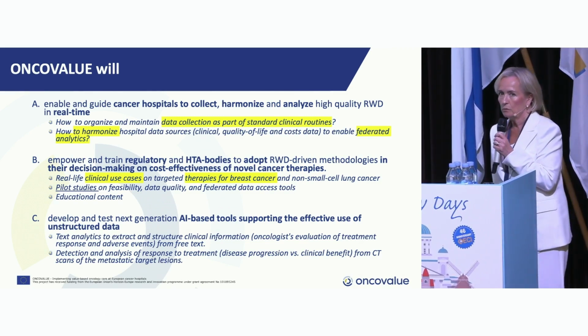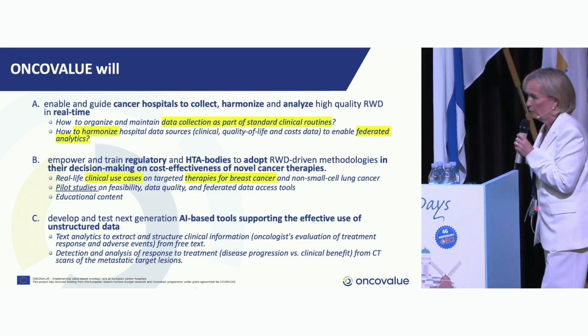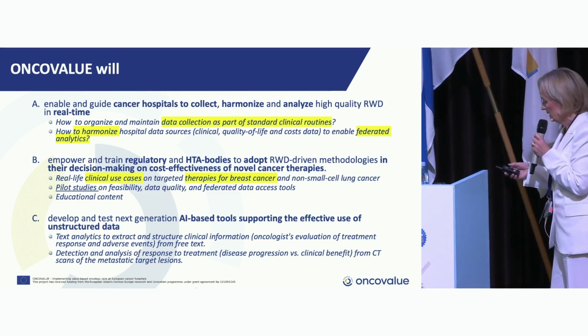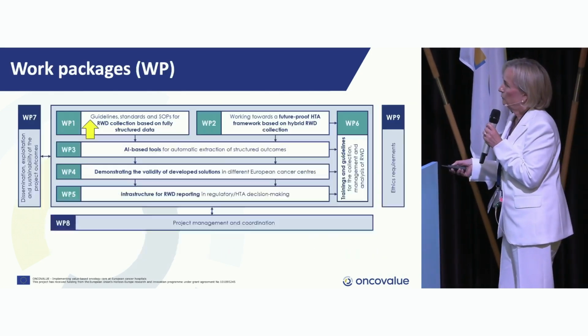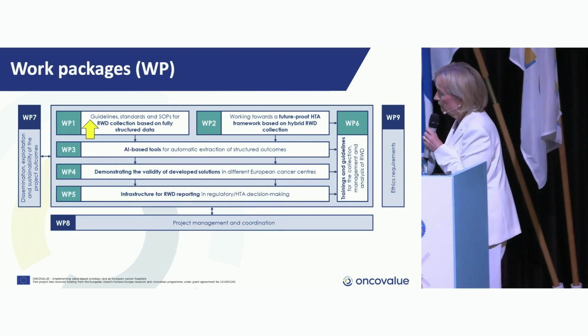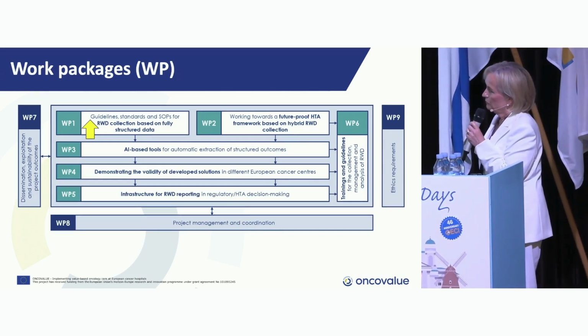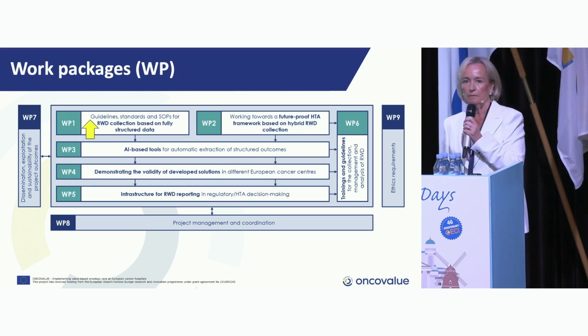So the tools within the Oncovalue consortium, as in other EU projects, are the use cases. And our use case for HUS is work package 1, where the aim is to be able to collect real-world data as fully structured data.